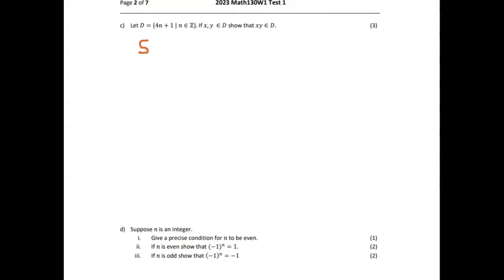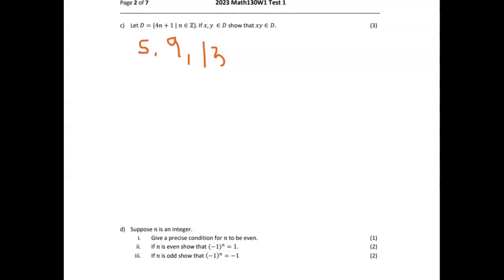So 5 will be the result of this whole thing. Then if I take 2, that's 9. And if I take 3, which is also an integer, 4 times 3 is 12, plus 1 is 13. So these are the results of this whole thing over here. That's how you work it out.